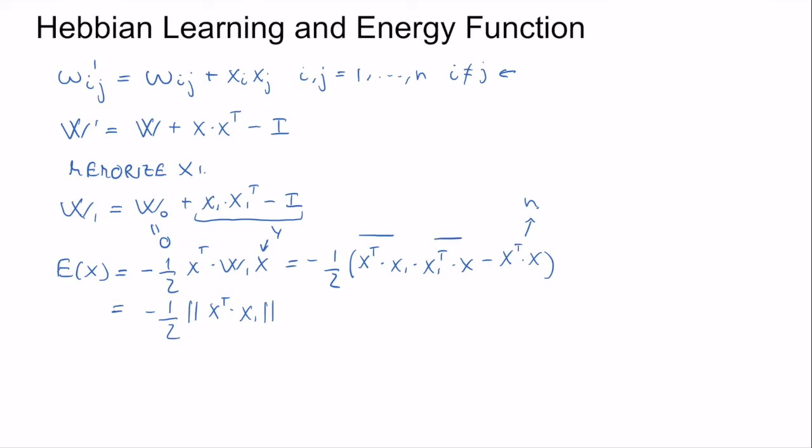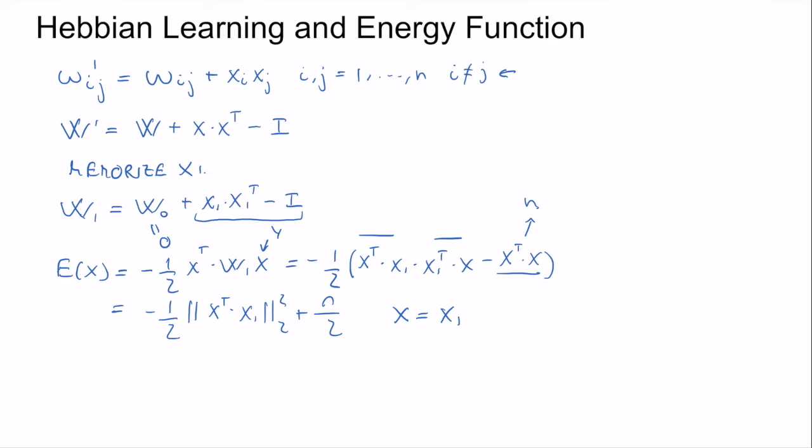So the 2 norm of this vector multiplication, plus n/2, so this here. Okay, and then we see that this energy function has a minimum at x equal to x1. And so that proves that x1 is an equilibrium fixed point with minimum energy.